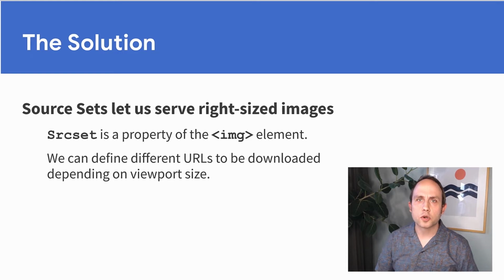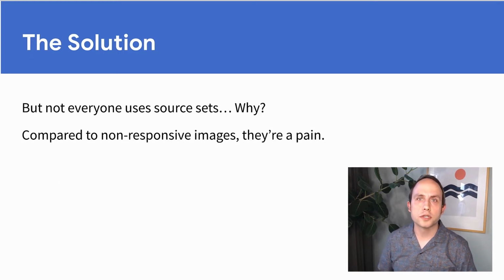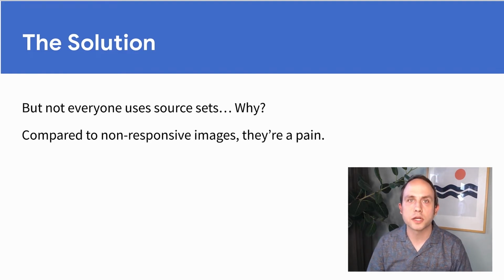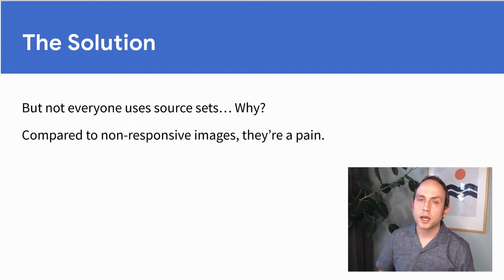And yet, source sets often aren't used in the wild. When I look at sites, I still see a lot of sites that are serving images that are too big, no source sets anywhere. And I think the reason is that they're basically just a little difficult to use. They take more effort in terms of a large additional property on each one of your images, having to think more about how the image is going to be rendered, having to know about source sets.